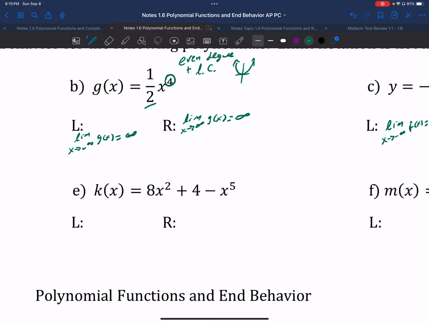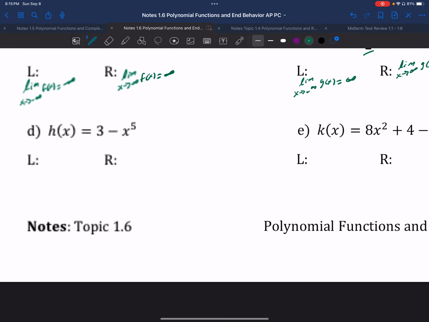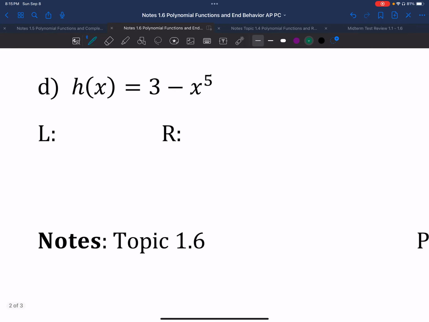Keep in mind that depending on the problem that they give you, you do have to be reading the problem carefully. So on this one, this is my leading term. So this is what I need to be looking at. Odd degree. And then on this one, I have a negative leading coefficient.